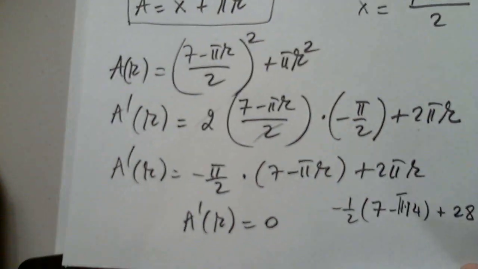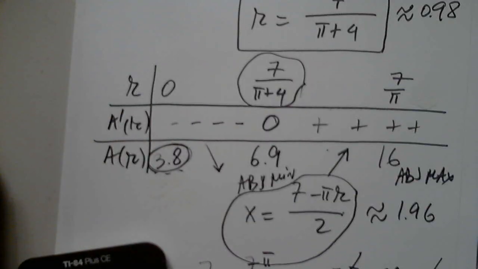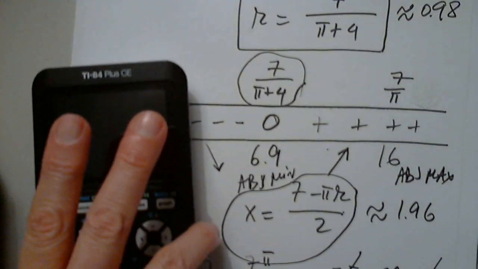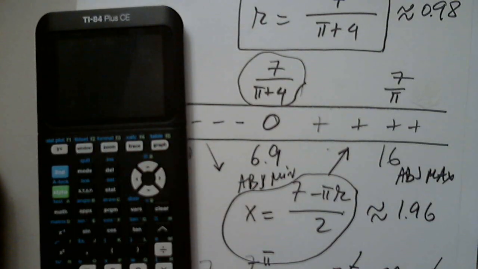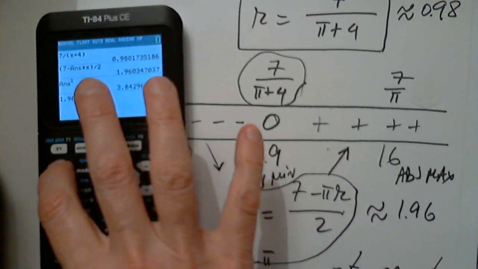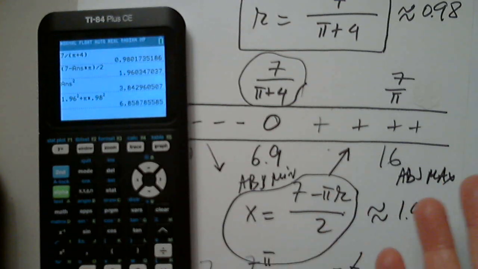I'm checking my signs again, but they are correct. So x squared, 1.96 squared plus pi times 0.98 squared. It's 6.9.